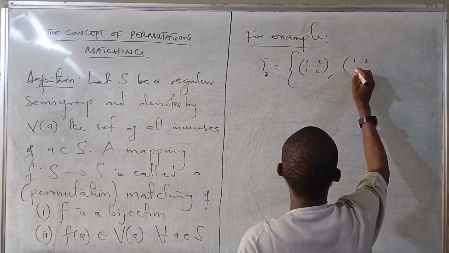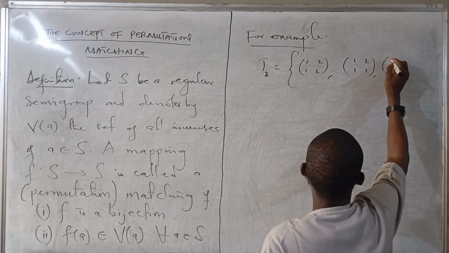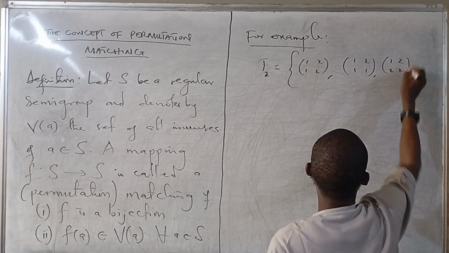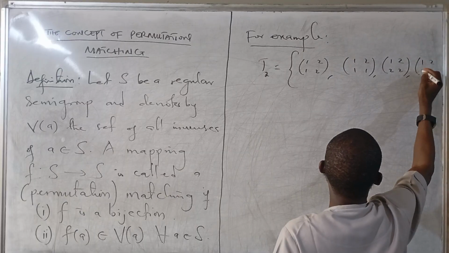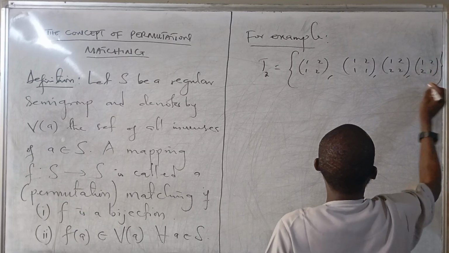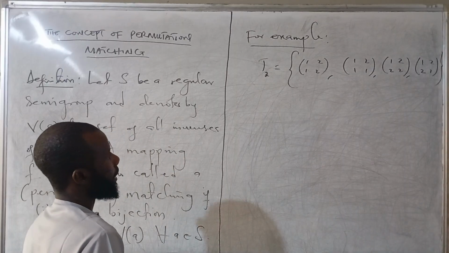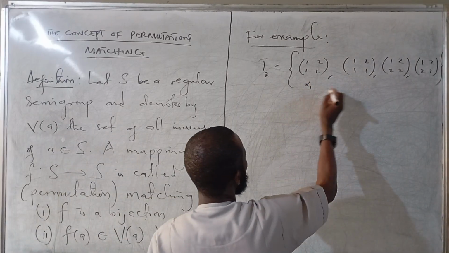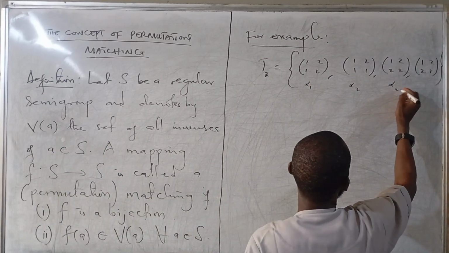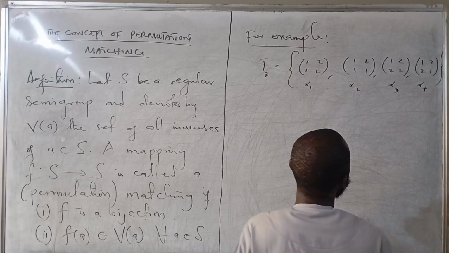So 1, 2, 1, 1, 1, 2, 2, 2. And then it can be 1, 2, 2, 1. You have two permutations and you have idempotent elements there. You can call these alpha 1, alpha 2, alpha 3, and then alpha 4.